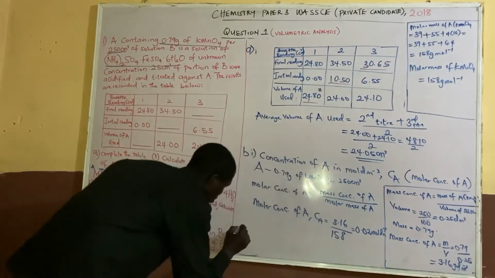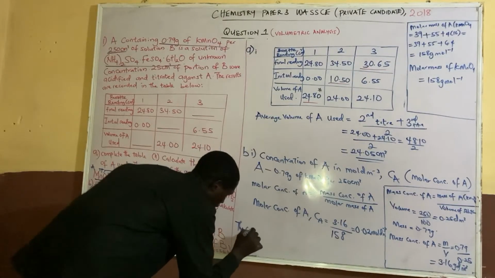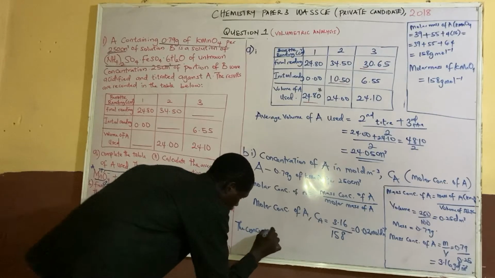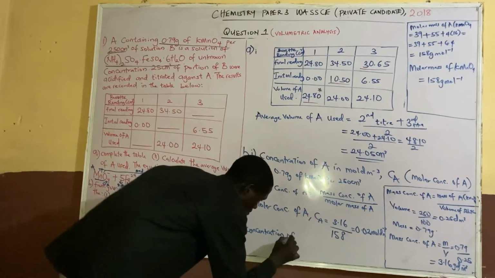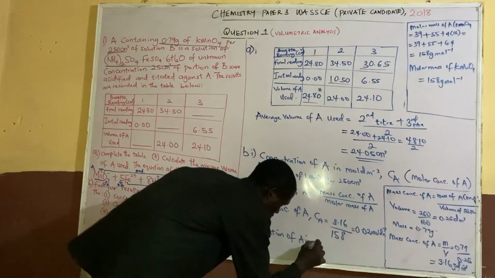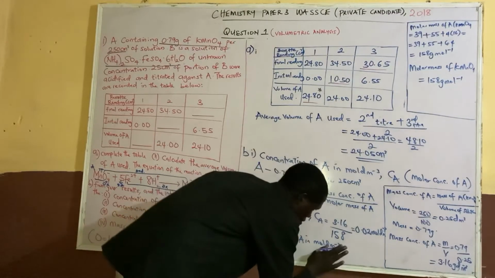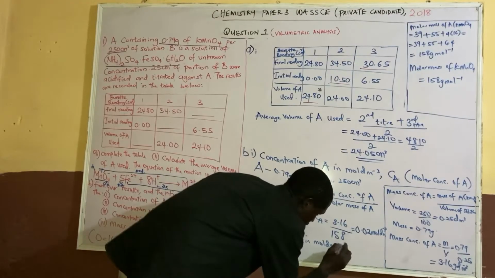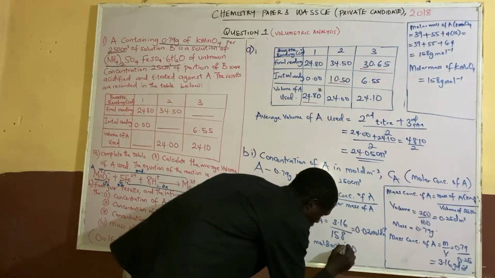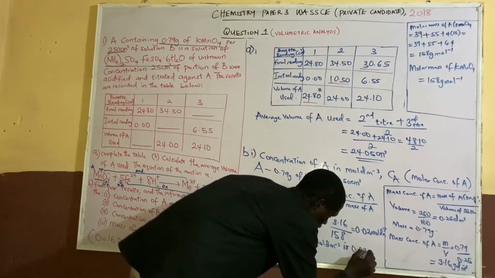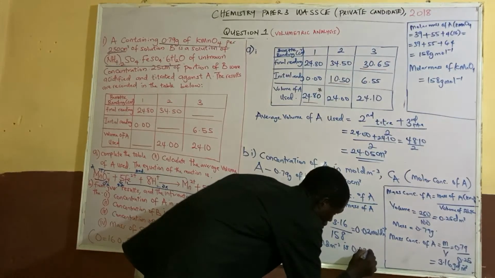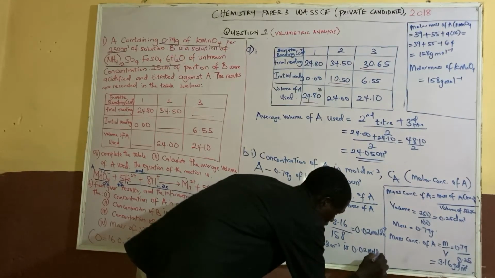So the concentration of A in mole per dm³ is 0.02 mole per dm³.